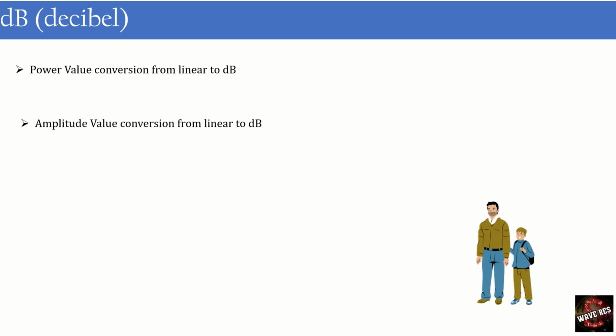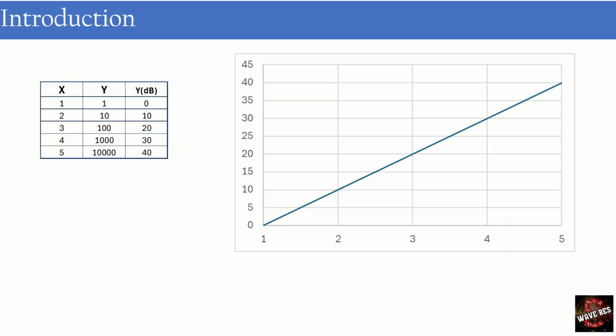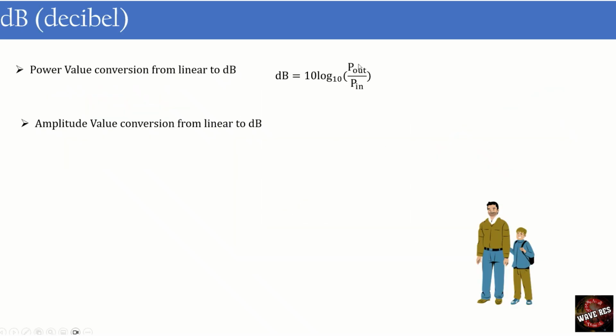Here we will usually be comparing output power with respect to input power, or comparing some power with respect to a reference unit, similar to comparing the height of this person with respect to this person.